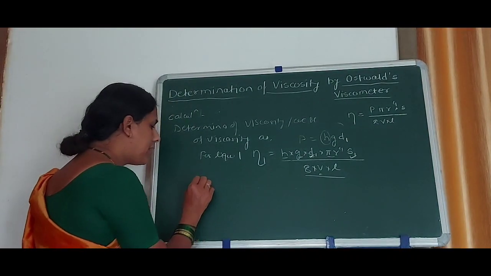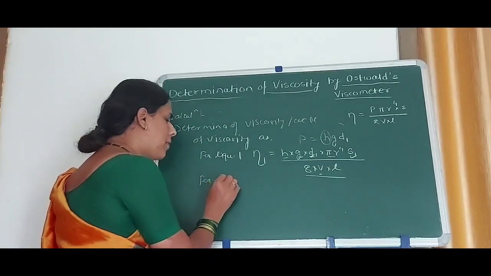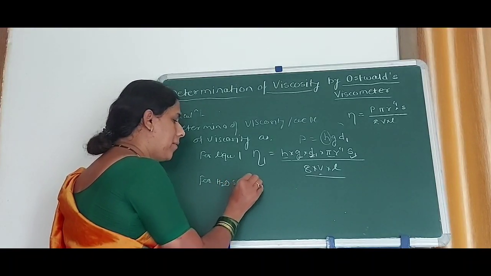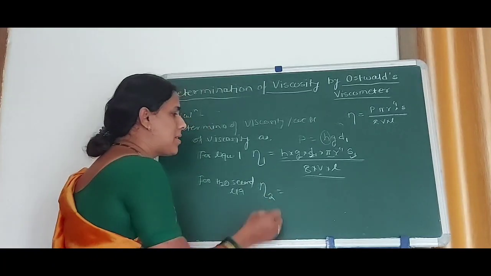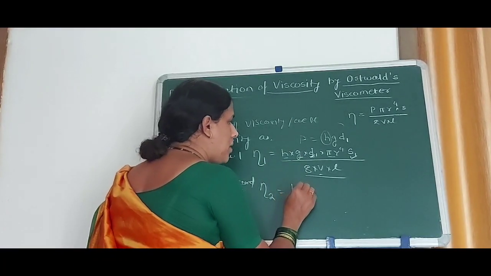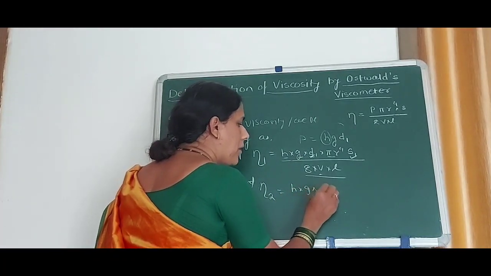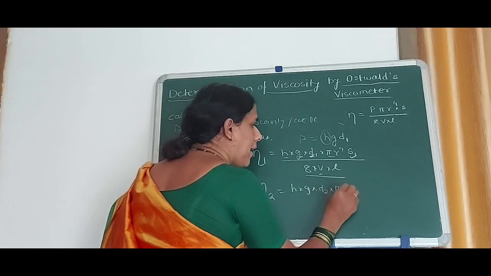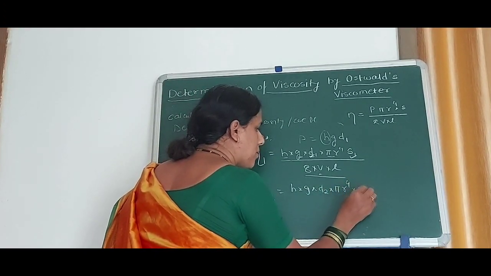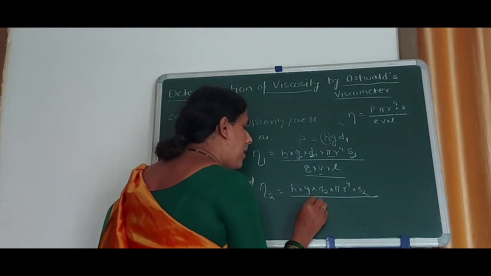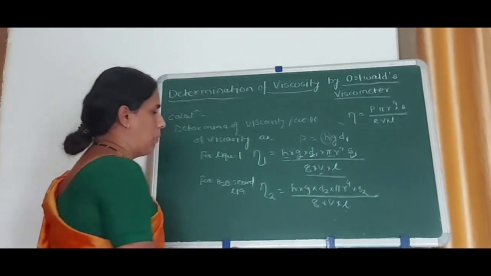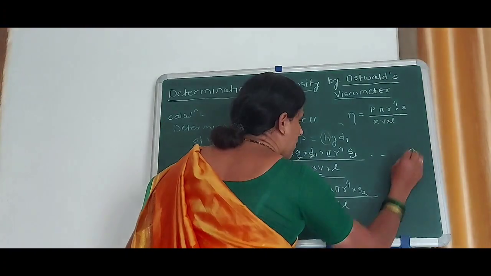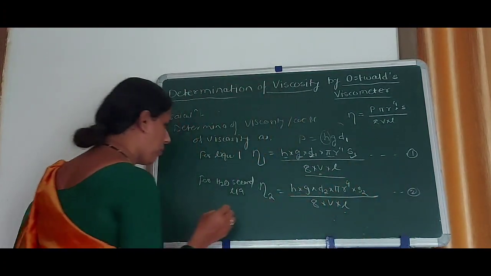For the second liquid, that is water, eta 2 is equal to, what happens here? Height may be the same, H into G into D2 into pi R to the 4 into S2, time in seconds, divided by 8 into V into L. Call this equation number 1 and equation number 2.